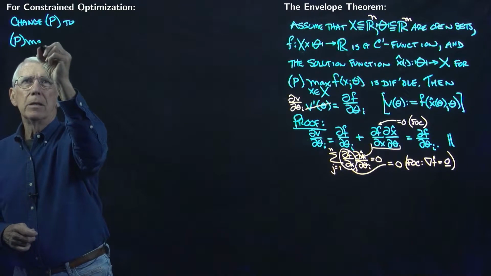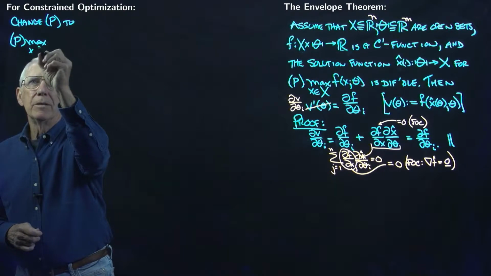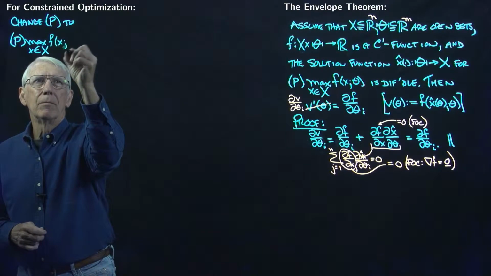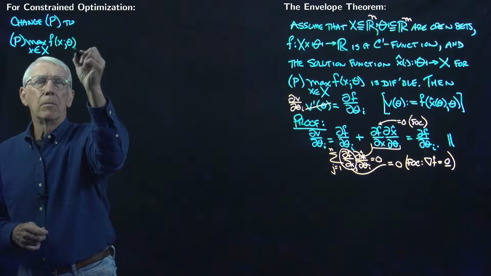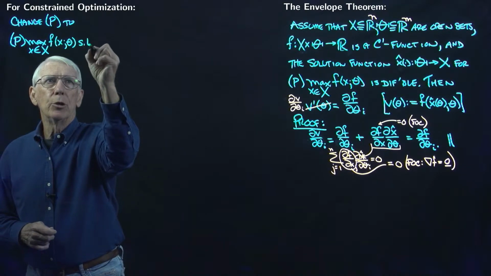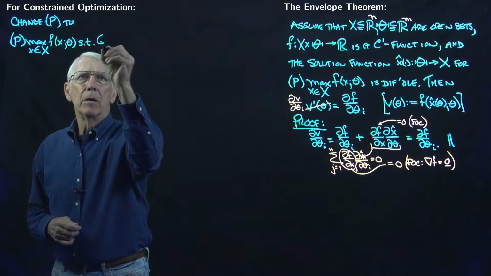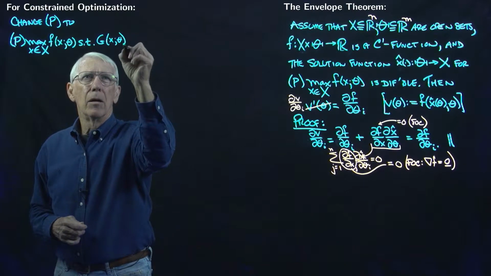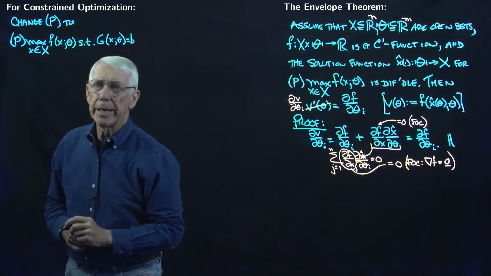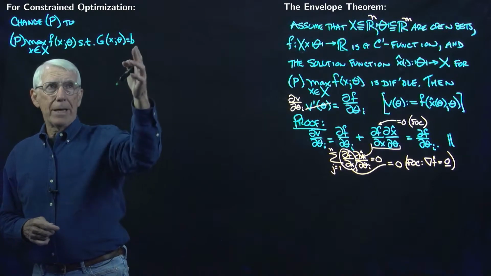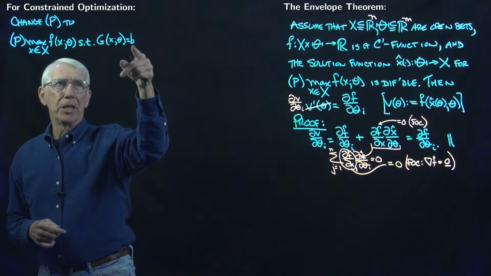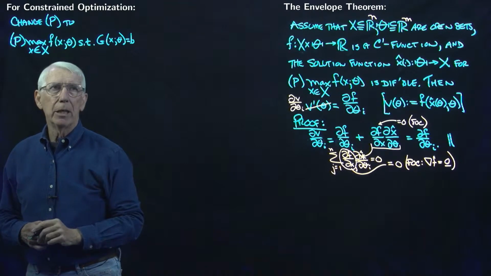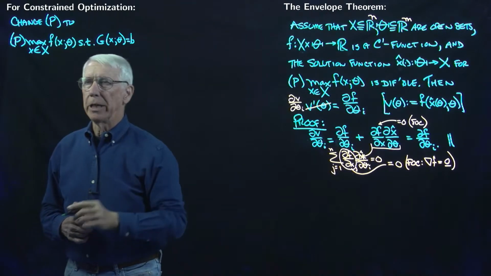And that's going to be to maximize our objective function subject to a constraint, say g equals B. We'll often see that as just 0, kind of normalization to 0, because here we could pull the B over to this side, make it part of the G function, and have 0 over here. But I think it might actually be useful to leave the B over here.